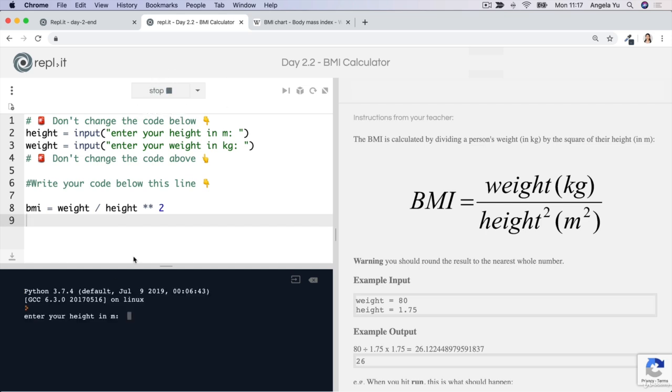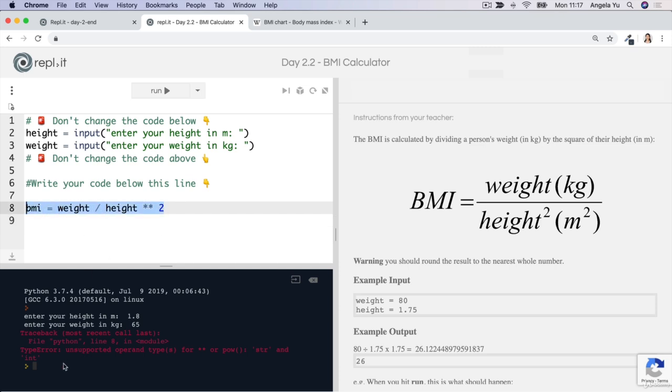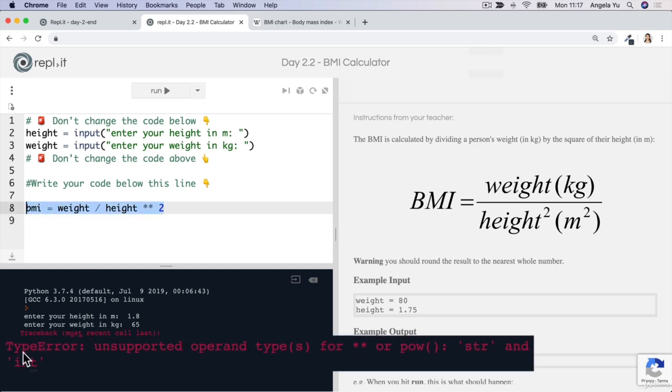But you'll see that if we actually run this code right now, we'll get an error. It's going to tell us that on line 8, right where our equation is, there's a type error. It's saying that you're trying to use the exponent or the power function for a string and an integer.